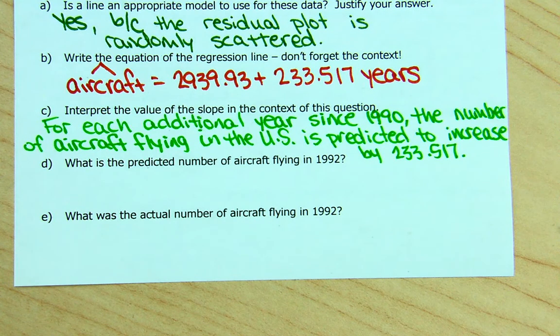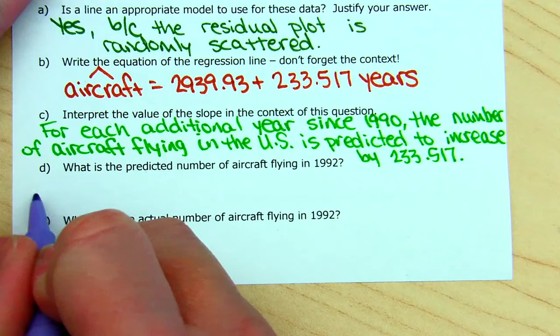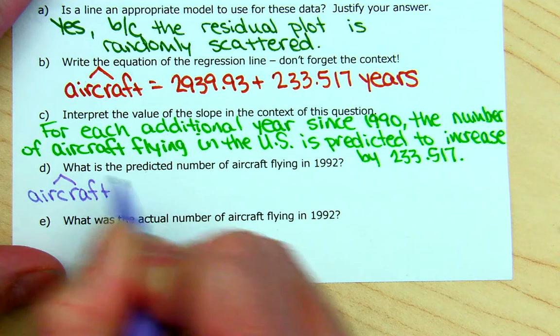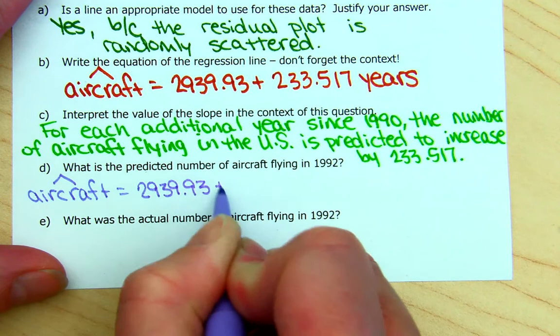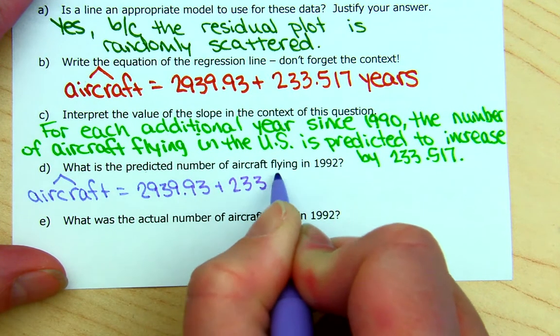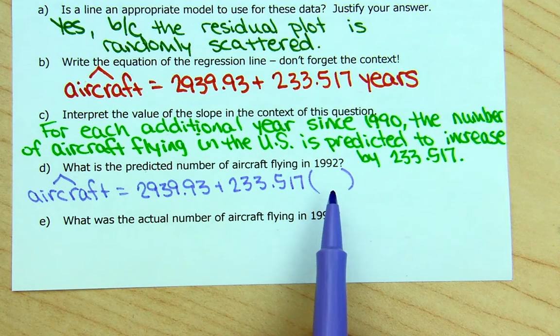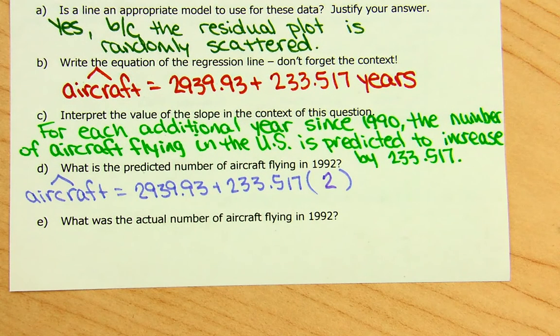Okay, now in part D, we're wanting to use our equation to make a prediction. Now, when we do this, we want to show plugging in the value for years. So I'm going to just write out the equation with that plugged in. Now, when I go to plug in the number for 1992, I'm talking about years since 1990. So I'm just going to plug in a 2 instead of plugging in 1992.